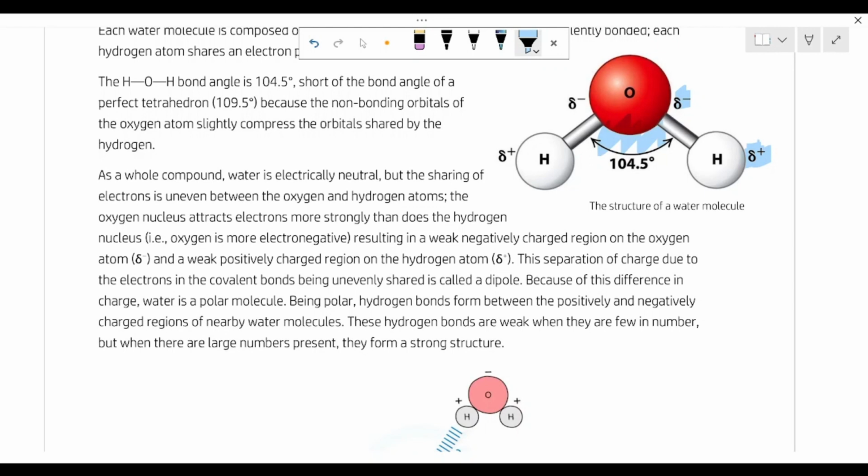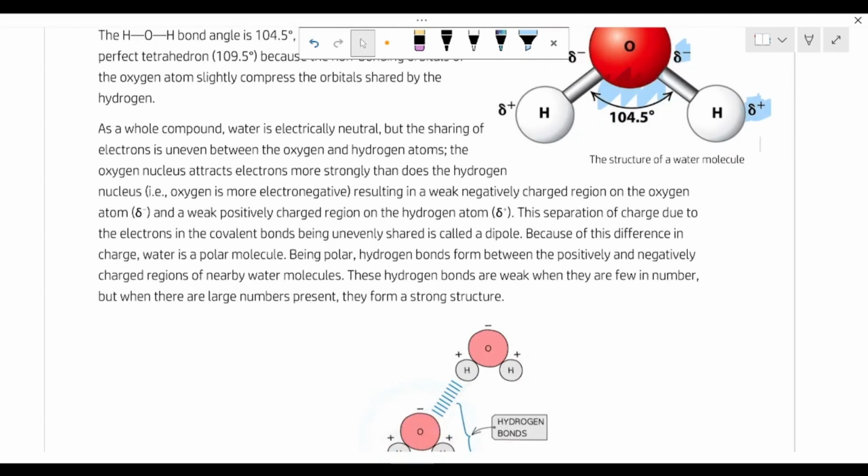Now, that kind of separation of charge due to the uneven sharing of electrons is called a dipole. Because of that same separation of charge, water is referred to as polar. It has partial positive and partial negative regions in its compound. Being polar, water is able to form hydrogen bonds between its molecules.